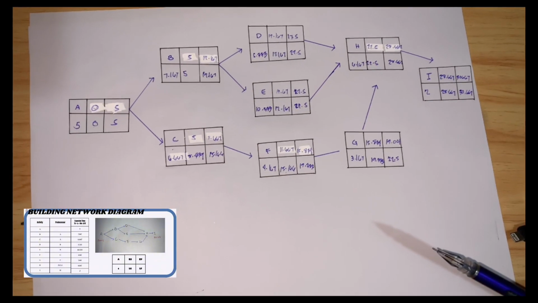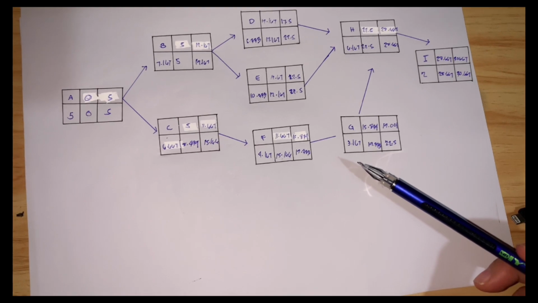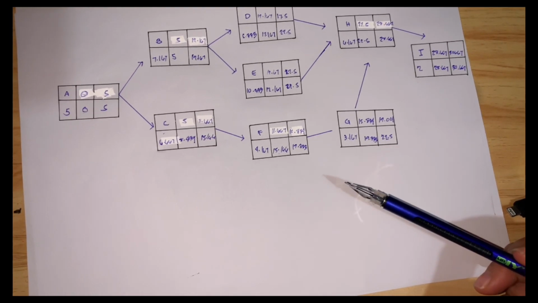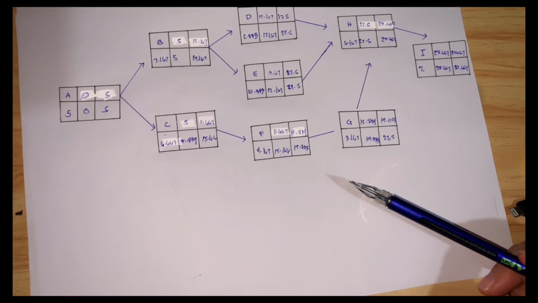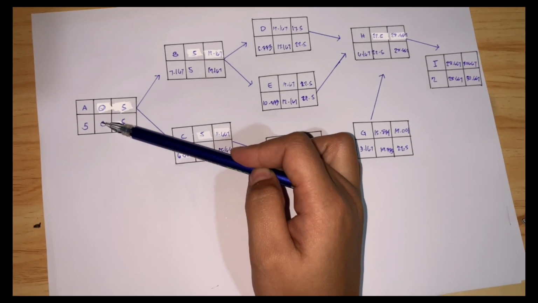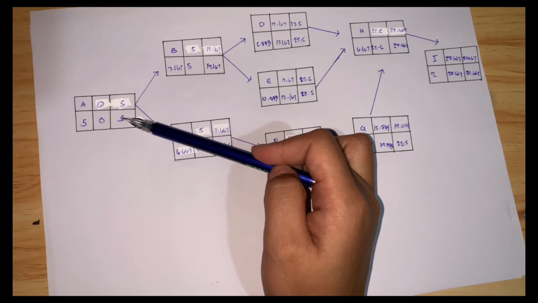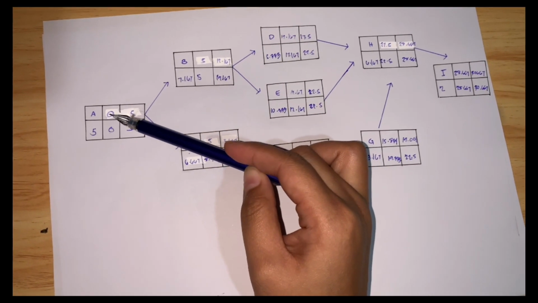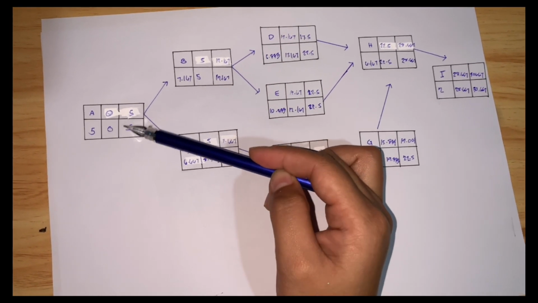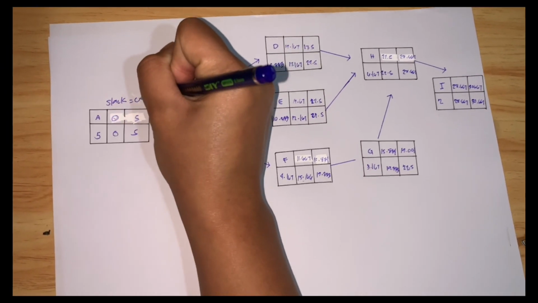Now we will be getting the slack number of each activity to get the critical path. To compute the slack number, we will be subtracting ES and LS, or EF and LF. So 0 minus 0, or 5 minus 5. So the slack of A is equal to 0.